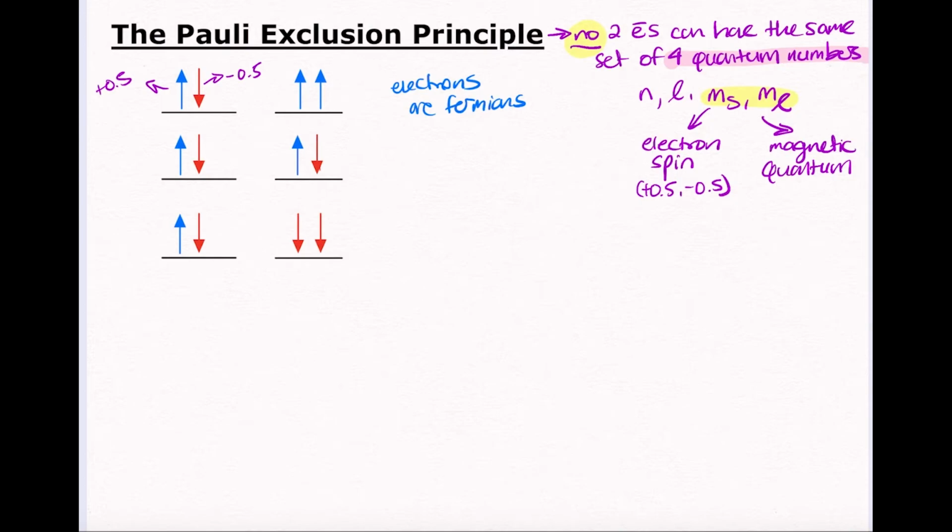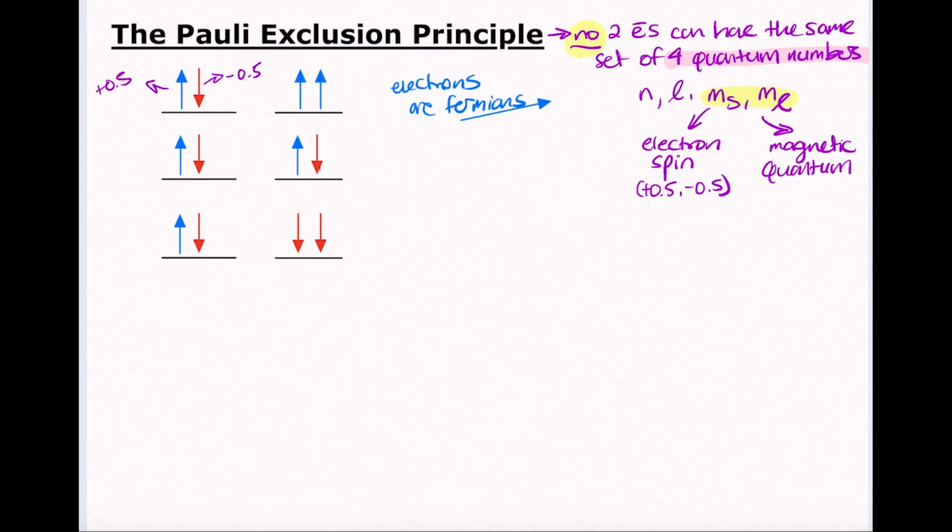So that's what's important here. Fermions cannot have the same state. If they did, then exchanging these two particles would result in no change to the overall system, and that's not what we're looking for. So we want to make sure that they have opposite spins according to this principle.